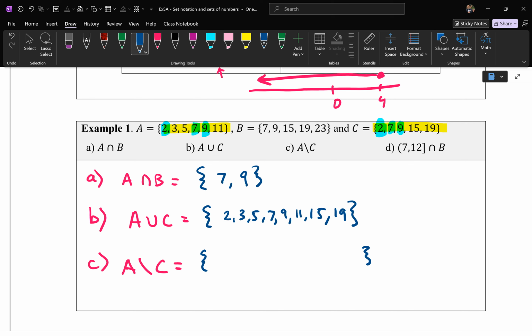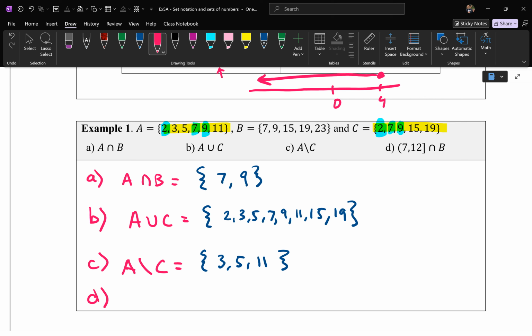To exclude C. That means except or exclude. So I'm not going to accept anything that is in C. We already highlighted what was in C. C has 2, 7, 9. So I want to write A without C. So 3, 5, 11 is all I have. That is A excluding C, because I don't want C. Backslash, not forward slash.